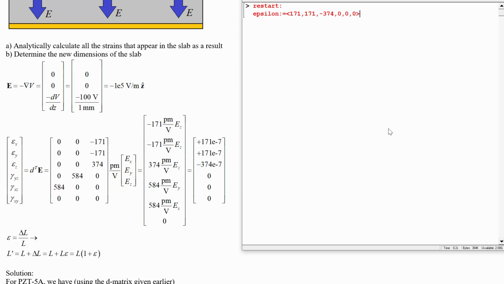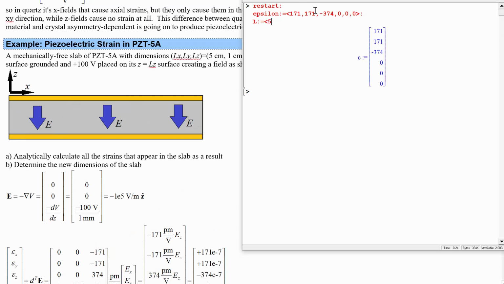Let's see if we can be somewhat systematic about that. Okay, get a little vector array there, and then we're going to have the dimensions, maybe L, is equal to 5 centimeters, we'll say this times 1 E minus 7. 5 E minus 2, 1 E minus 2, and 1 E minus 3 it was. 0, 0, 0. Then we'll say L prime is equal to a sequence.